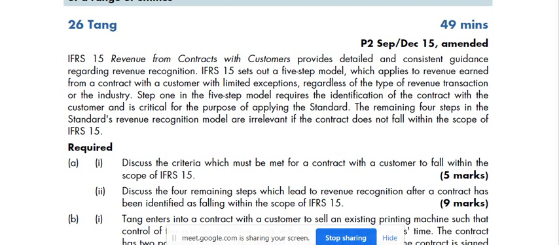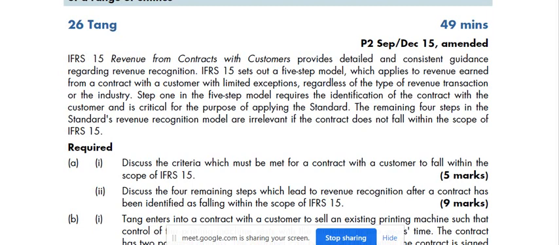Okay, here you talk about where there are multiple deliveries, like the example that we did in yesterday's session, where you determine how to allocate the contract price using the standalone price of each deliverable.